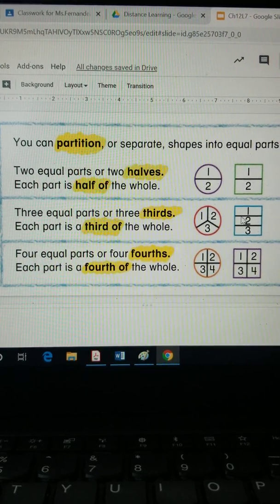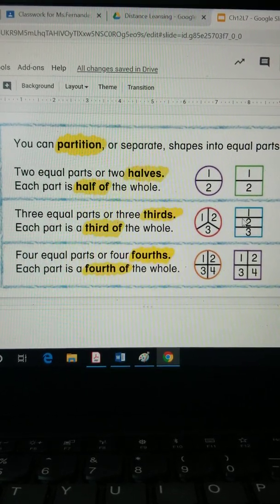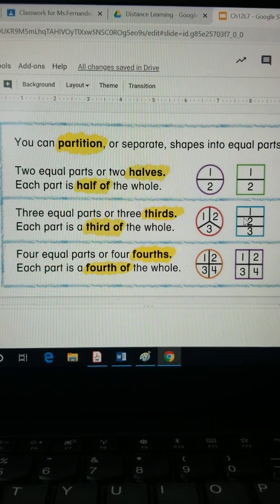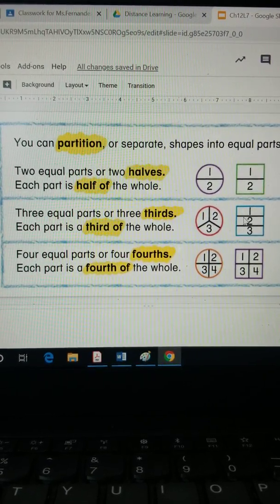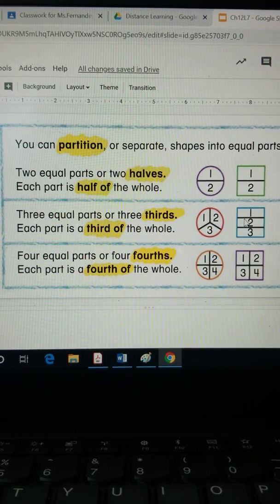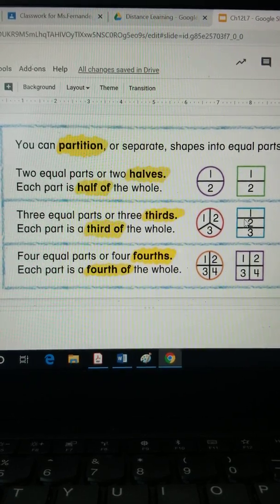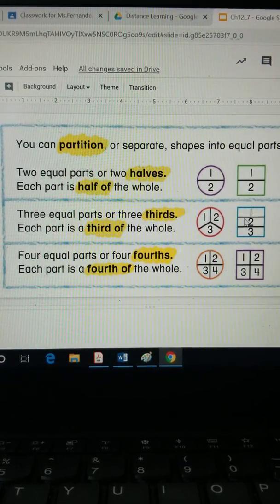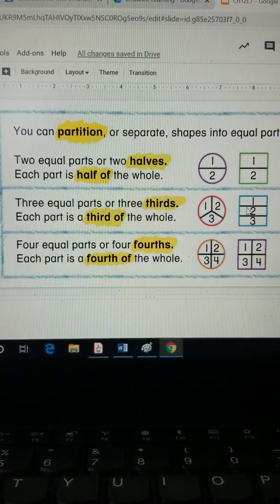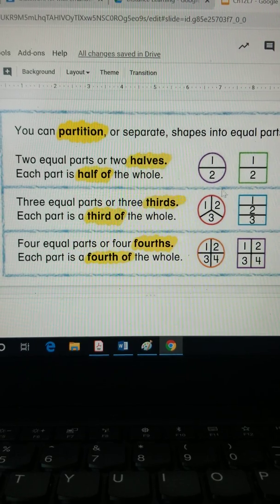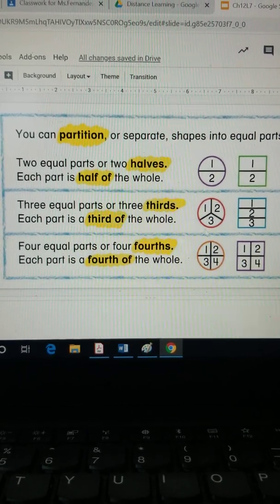If you cut a shape into three equal parts, or thirds, you can cut it in different ways, but as long as the parts are all equal, then you are cutting it into thirds. Fourths is when you cut your shape into four equal parts, and each part is a fourth of the whole. The whole is the entire shape.